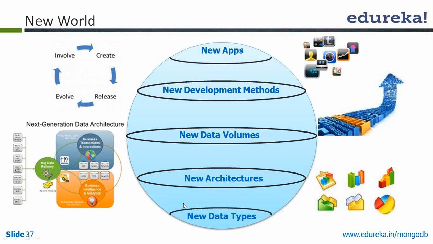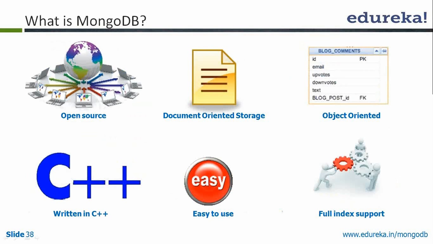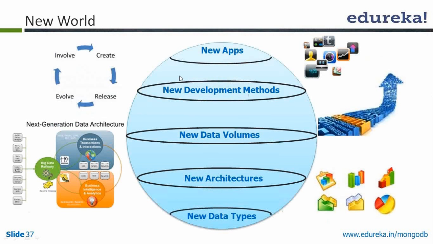Different kinds of architectures are coming, and different kinds of data types like XML, audio, video, and different formats are there. So those kinds of activities are happening nowadays. So MongoDB has been designed to tackle this kind of evolution.